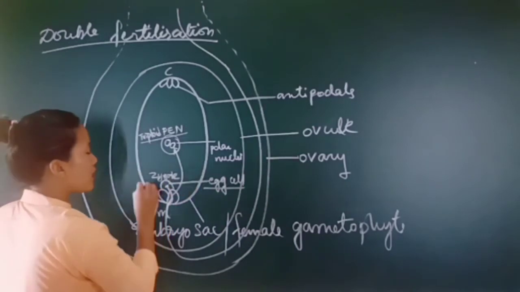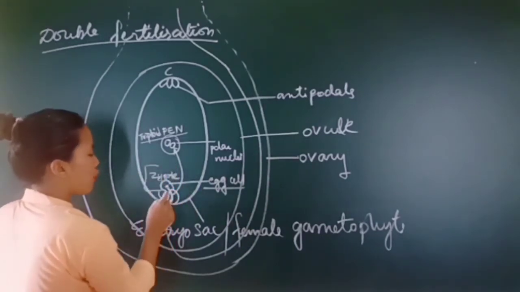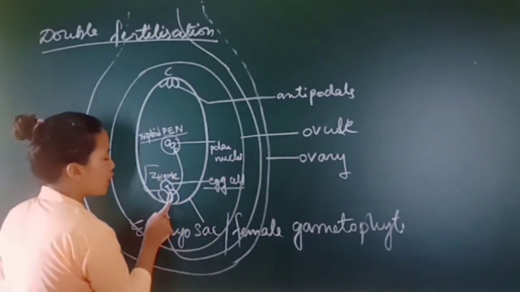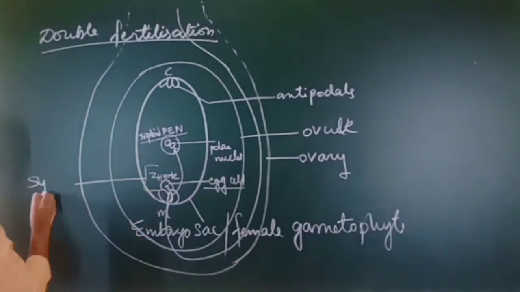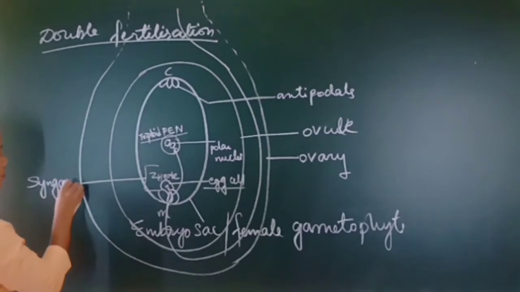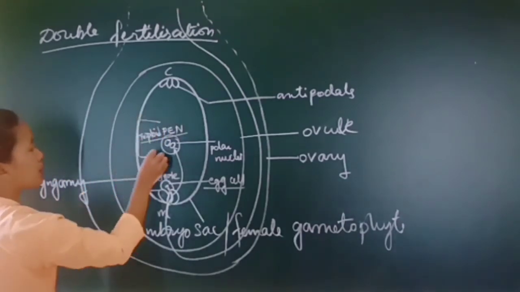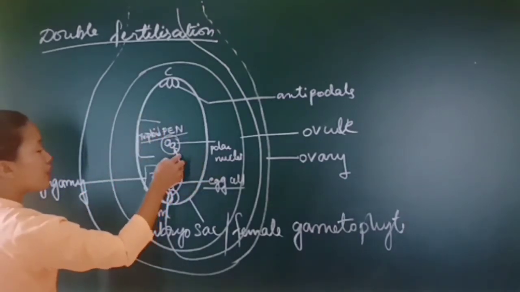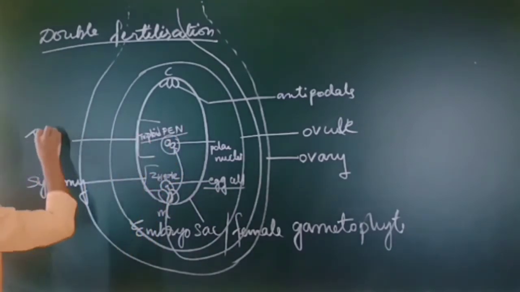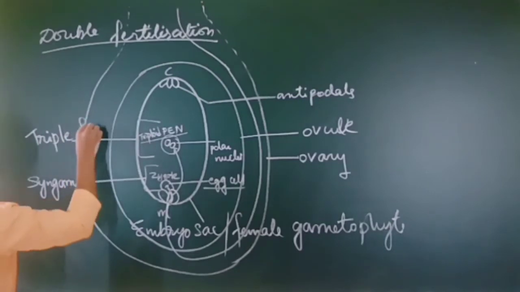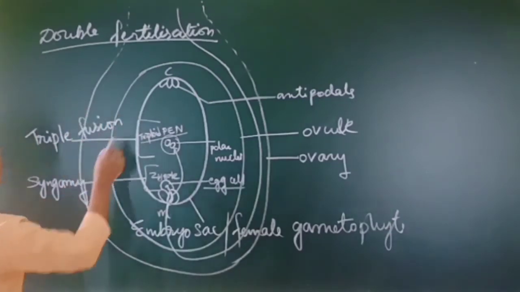The formation of the zygote by the fusion of one male gamete with the egg cell is called syngamy. The fusion of the other male gamete with the polar nuclei is called triple fusion.